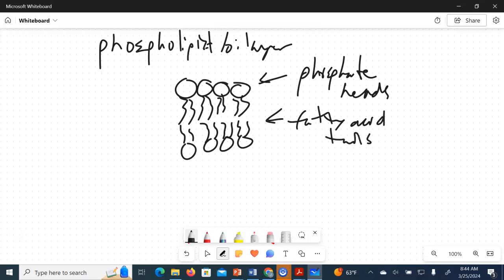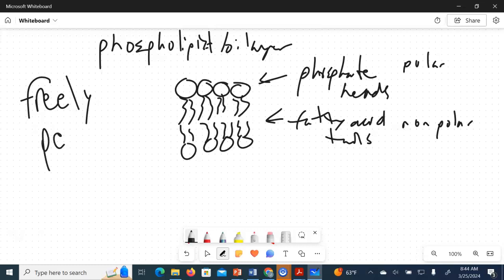That is polar. Because of the way the cell membrane is structured, that means that it is freely permeable.